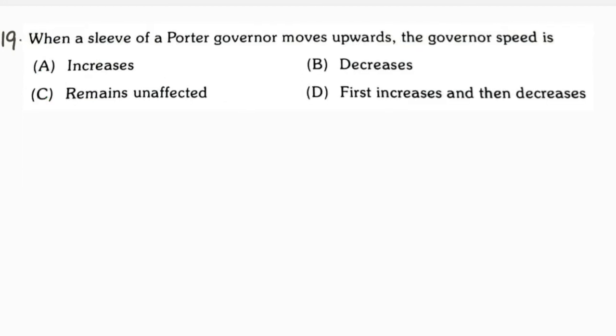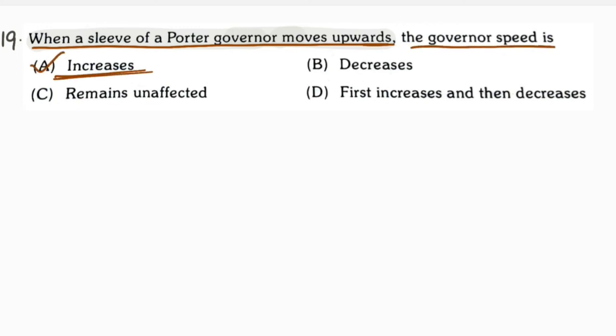Look at the problem. When the sleeve of a Porter governor moves upwards, remember, the sleeve of any governor moves upwards when the governor speed increases. But if the governor speed decreases, the sleeve moves down. For this problem, the sleeve of the Porter governor moves upward, which means the governor speed must be increasing.